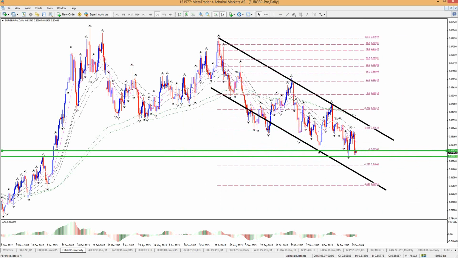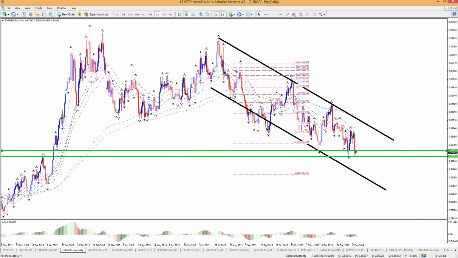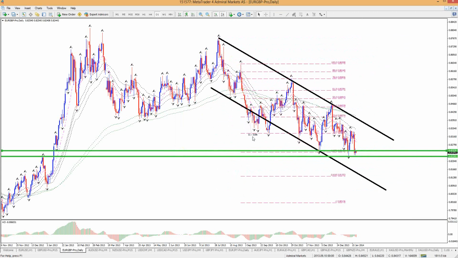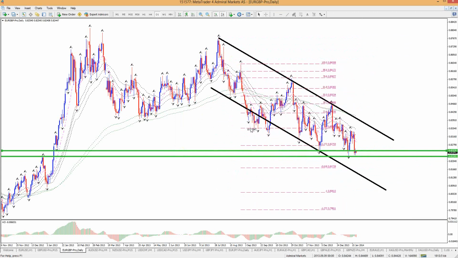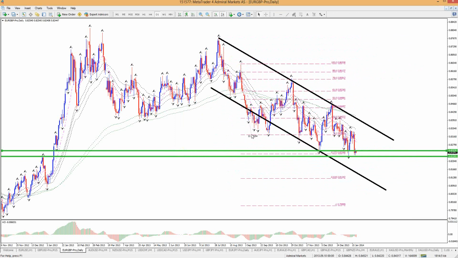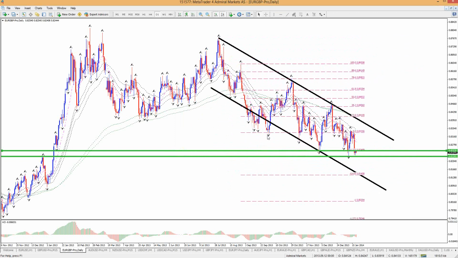You can see that the very first fib went to the 50, then down to the minus 618, which means we can move from the new top to the new bottom. Then we went to the 786 fib, down to the minus 272 target. So basically, if we break below the minus 272 target and these support levels, there should be a fall down to 8140.